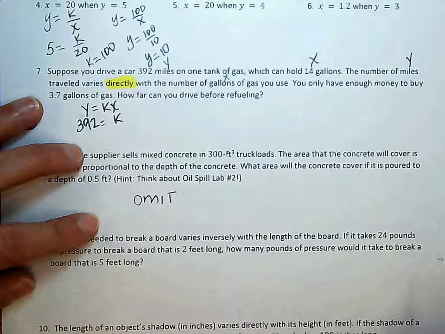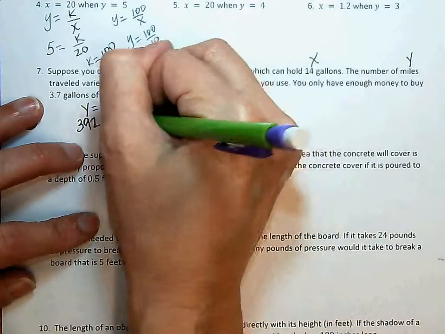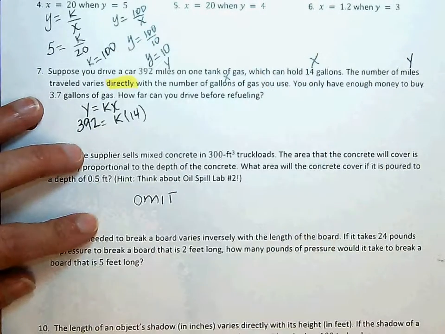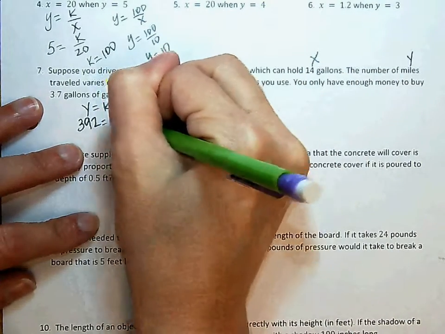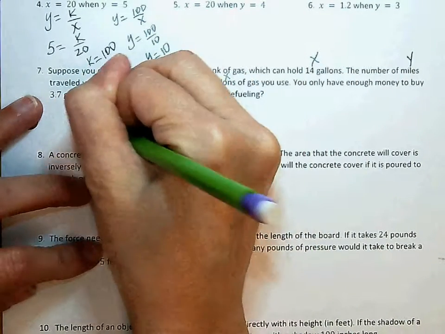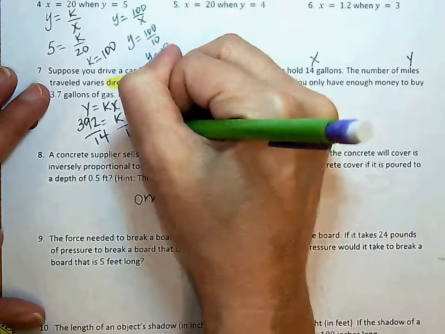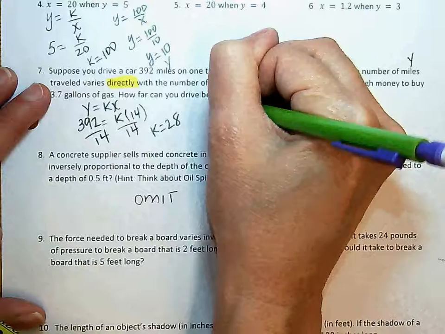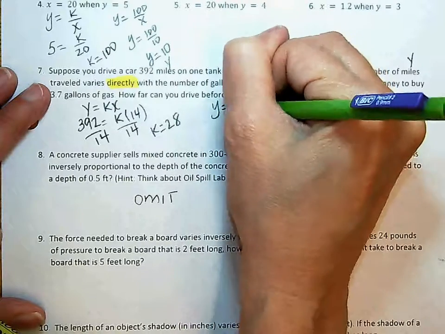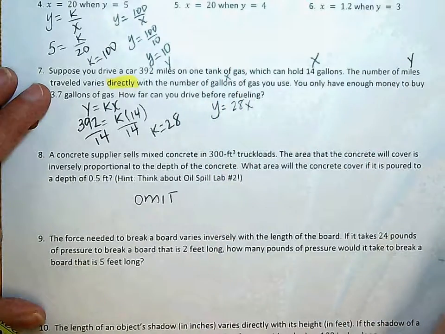How many gallons do we have? 14. Okay. Now solve for K, divide by 14. You get K to equal 28. Rewrite your equation. Y equals 28X.